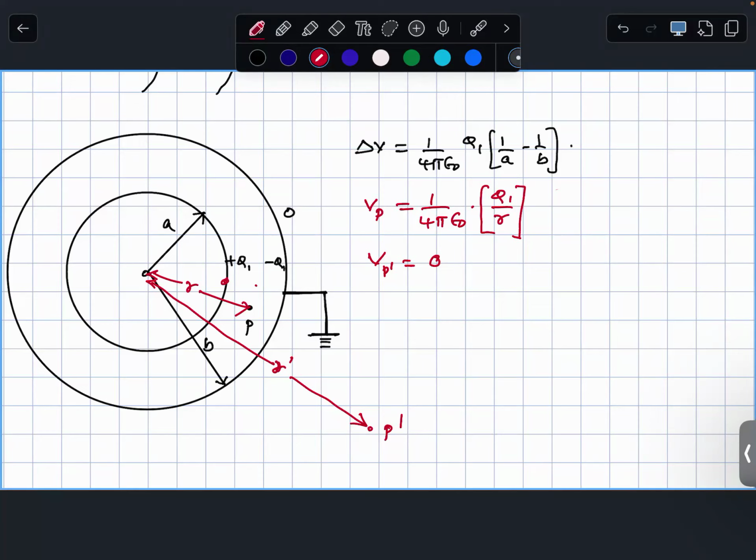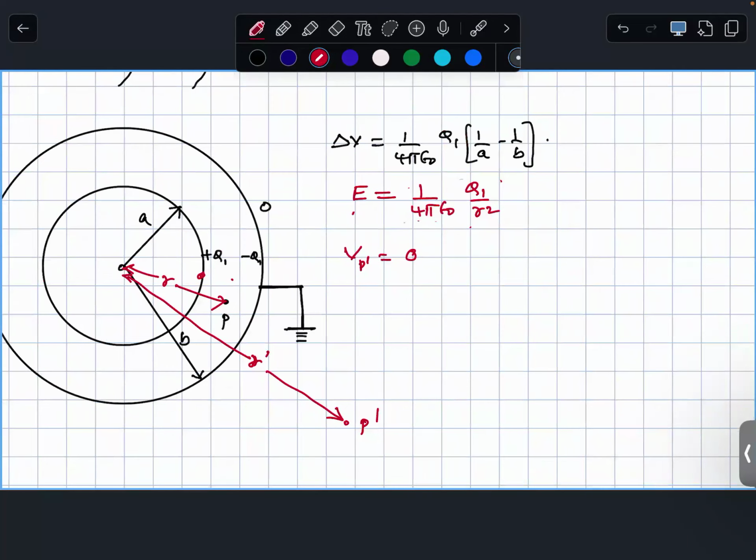One minute. Let me just check. Am I doing any mistake? There is no confusion here. What is the intensity of the electric field at a point inside? 1 by 4 pi epsilon naught Q1 by R square. Agreed?